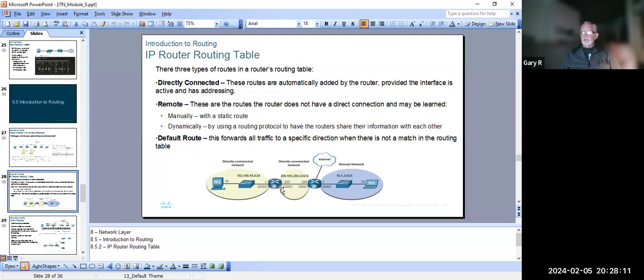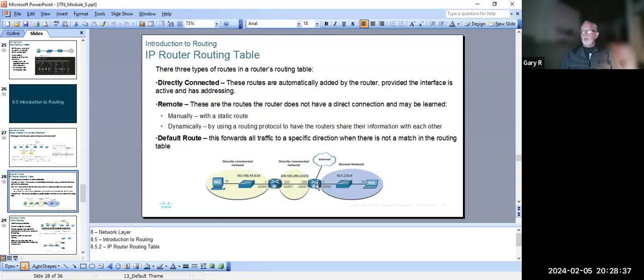When you activate this interface and give it an address, it learns that the 209.165.200.224, that's a /30, network is out there. And they can go into its routing table as directly connected networks.